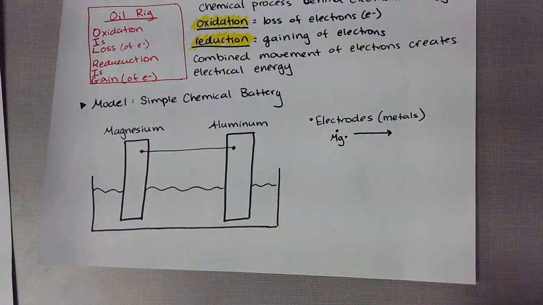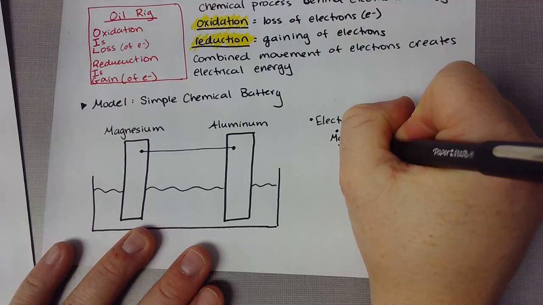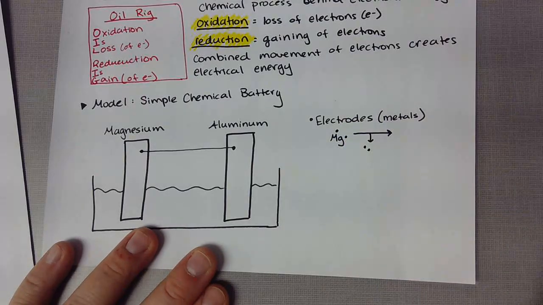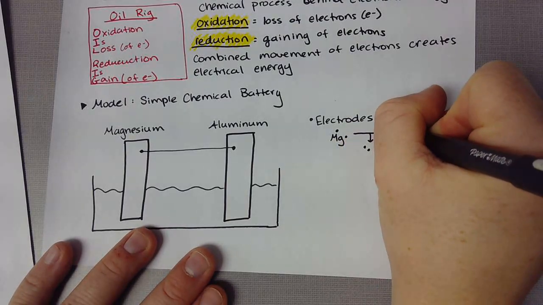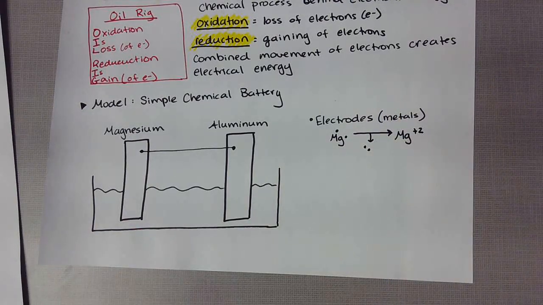Now, 2 valence electrons is not a stable electron configuration. So what magnesium is going to tend and prefer to do is ditch those electrons, give them away, and form an ion, Mg plus 2.